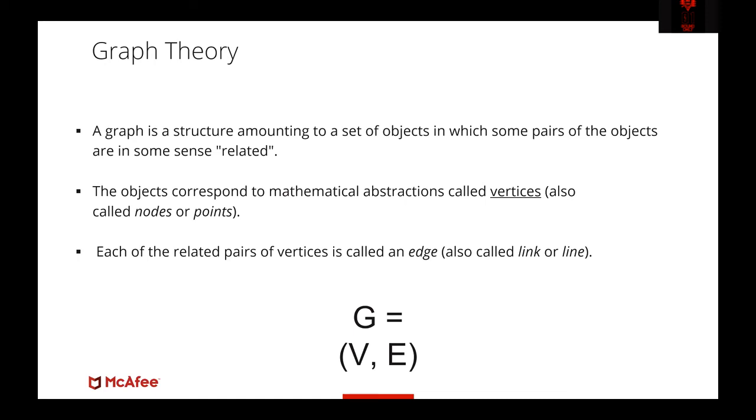We call each of the objects a node, or you can also call them vertices. And we join the nodes between them using what we call an edge. This is basically the link between the different nodes in your data set.